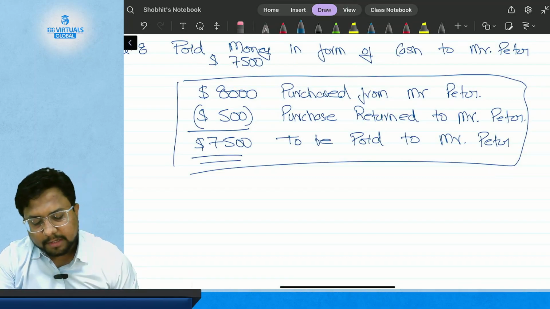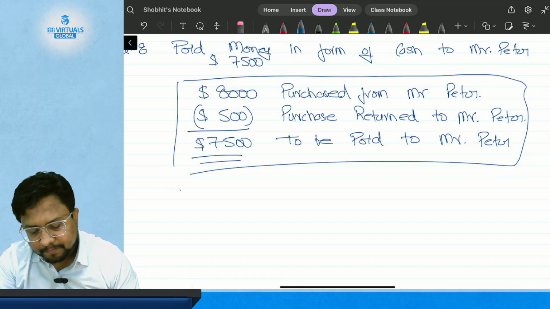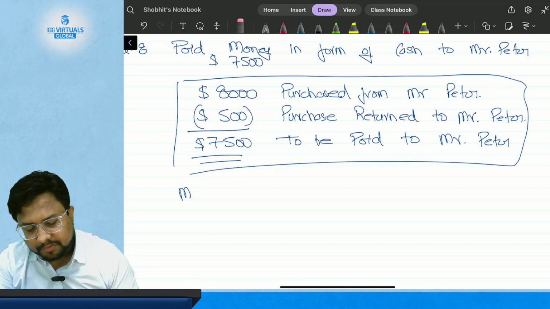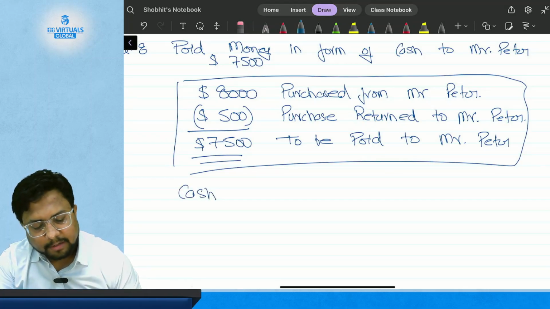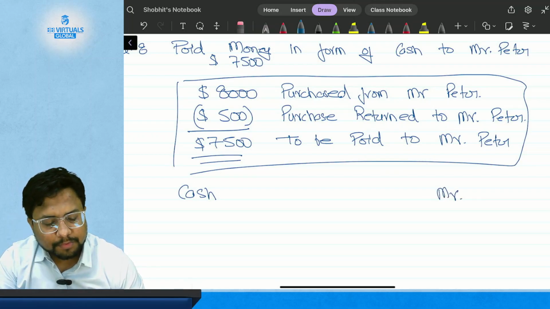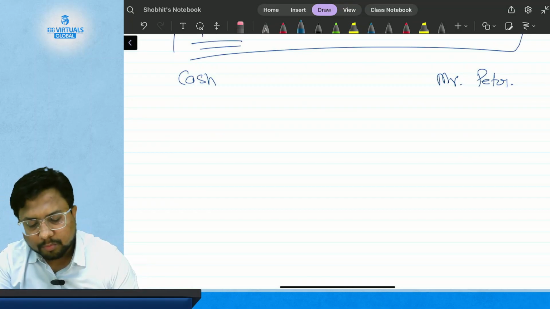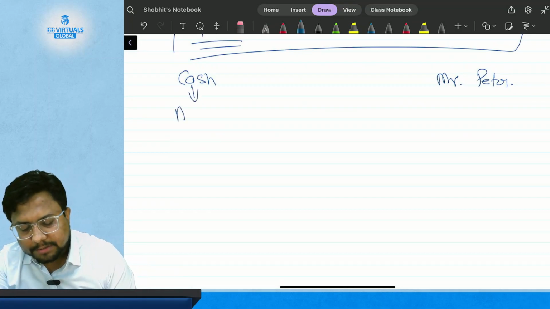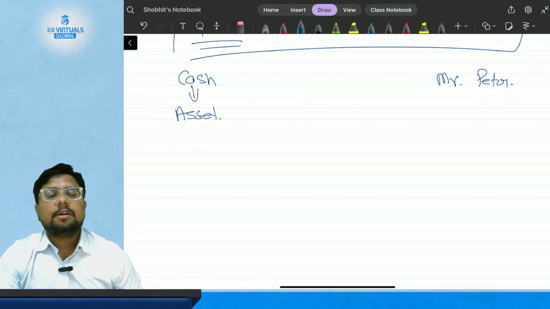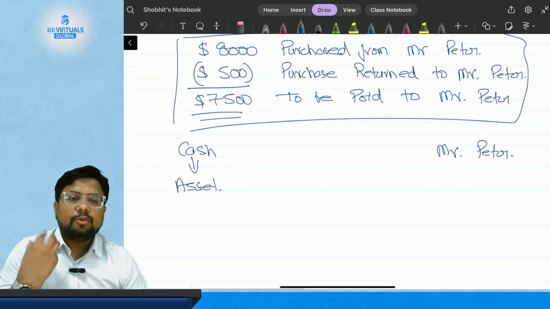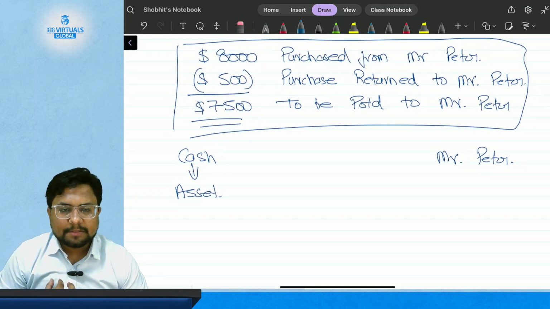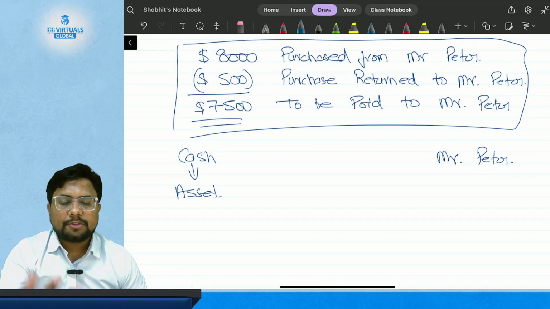Now we have paid money to Mr. Peter. So there come another two elements. First one is cash, and second one is Mr. Peter. Then we'll apply the rule again. What is cash? Cash is an asset. But in this case, we have paid money to Mr. Peter, so cash has been given out from us to him.